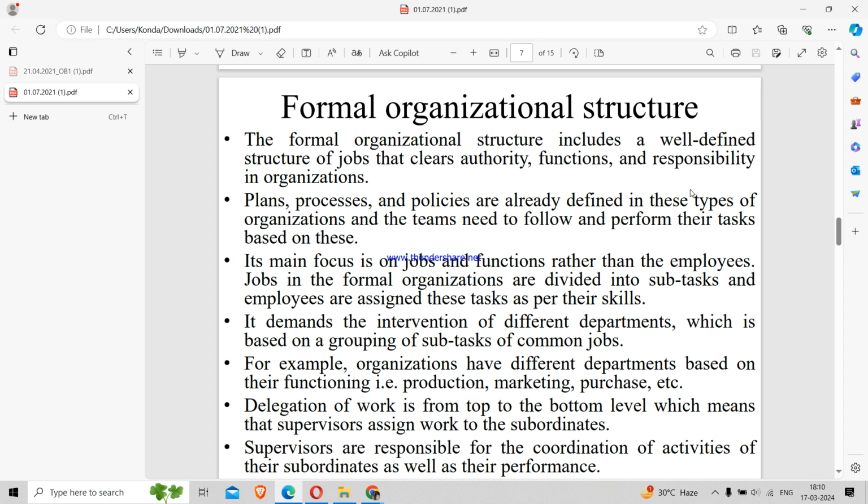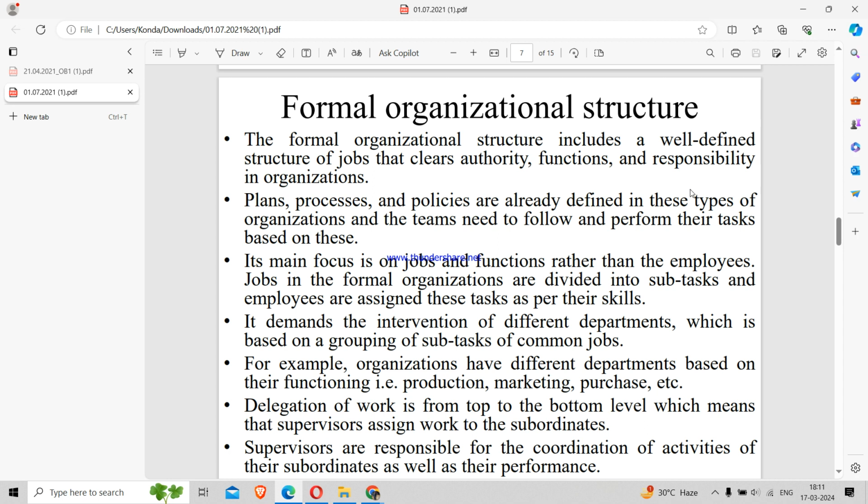From the name itself you can understand this is a formal one. Each person involved in that particular organization or authority has their defined work. They are assigned a particular job, and they should make the most of that. Each and every individual has their specific job. That is for a formal organizational structure.